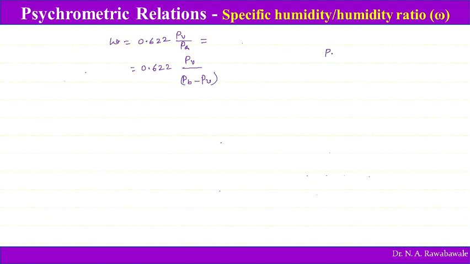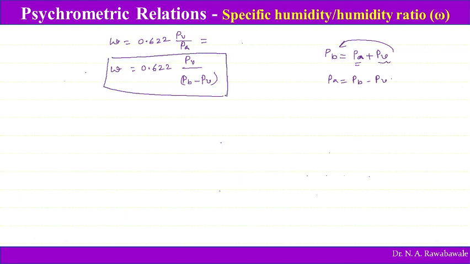As we have seen in Dalton's law of partial pressure, barometric pressure PB or atmospheric pressure is equal to partial pressure of air plus partial pressure of vapor. So we want to replace this PA. If we transfer PV to the left hand side, PA is equal to PB minus PV. So from this we can write the specific humidity or humidity ratio as 0.622 PV divided by PB minus PV.